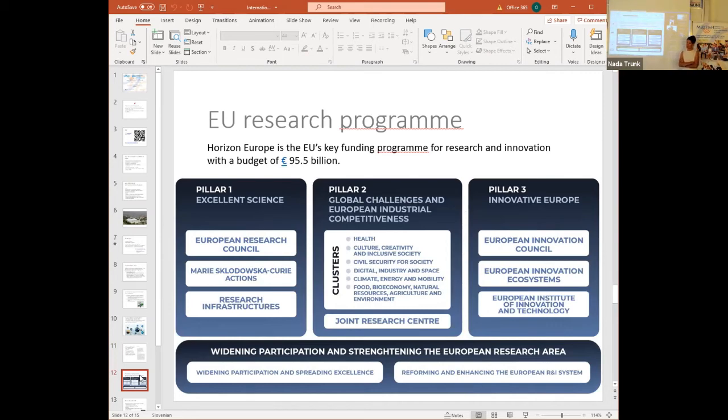This brings me to the outline of the EU research program. I might have come across as critical towards this idea of science diplomacy, but it's not to say that policies shouldn't be there.